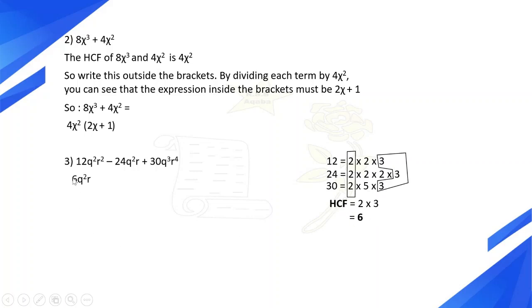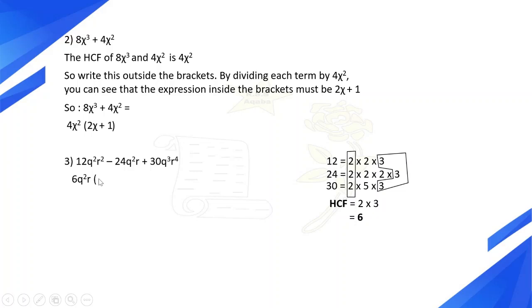Now, this is the highest common factor. Why do we choose q squared? Because q squared has the lowest power. And we choose r because we have r squared, r to the power 4. R has the lowest power, so we choose r.